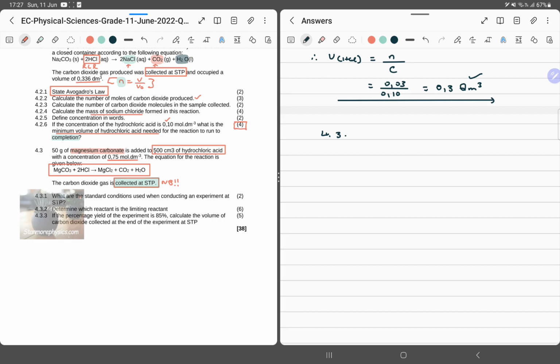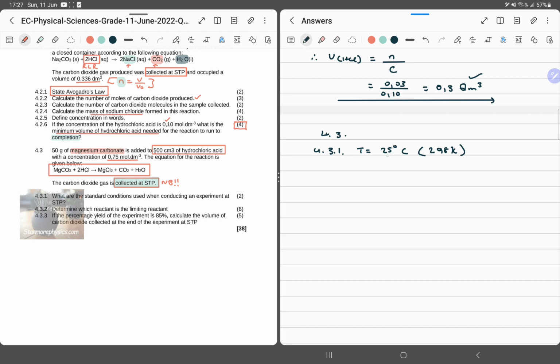Anyway, 4.3.1, what are the standard conditions used when conducting an experiment at STP? Easy stuff. So this is 4.3.1. We know that the temperature should be 25 degrees Celsius or 298 kelvins.